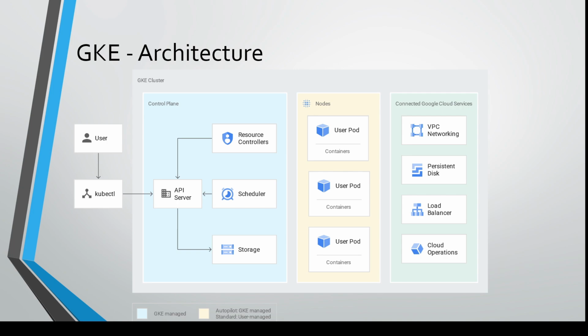For example, when you run any commands to make any changes to your workloads, you mainly interact with the API server, and the API server then interacts with the other components and helps you accomplish that task or specific action that you issue against the cluster, right? So that's the API server for you.